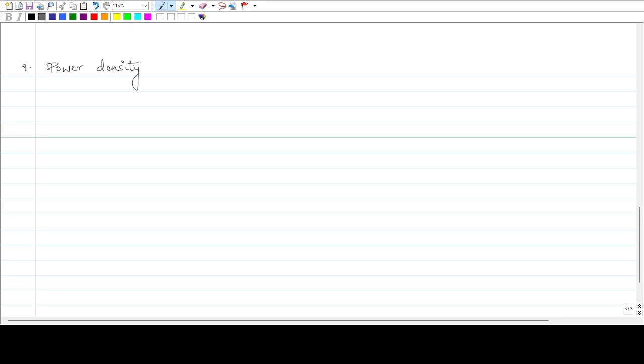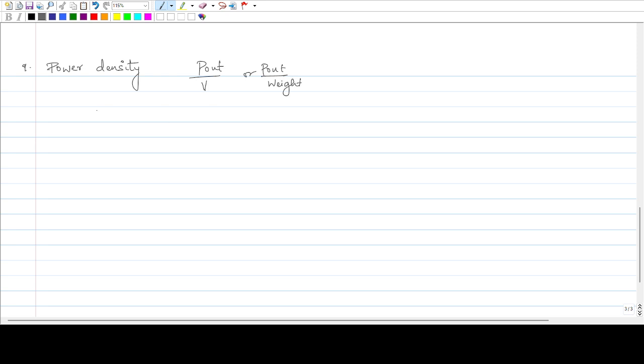So what do we mean by power density? It is the power output per unit volume or weight. So you have output power divided by the volume or weight of the motor.